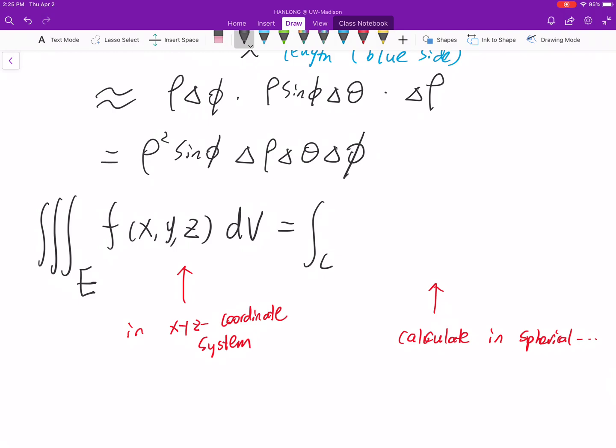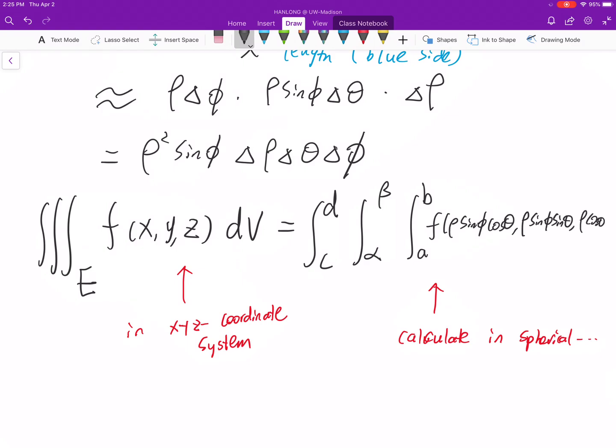The integration from C to D is for phi, from alpha to beta is for theta, and from A to B is for rho. And inside you have F, use substitution for x, rho sine phi cosine theta, rho sine phi sine theta, rho cosine phi, and times rho squared sine phi d rho d theta d phi.